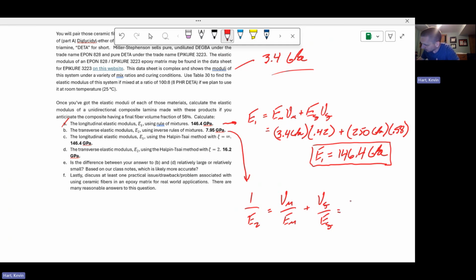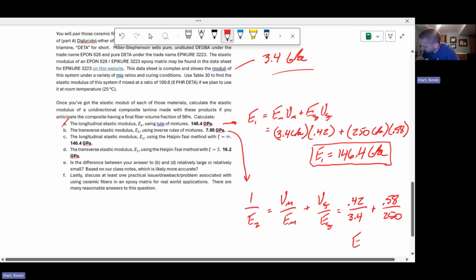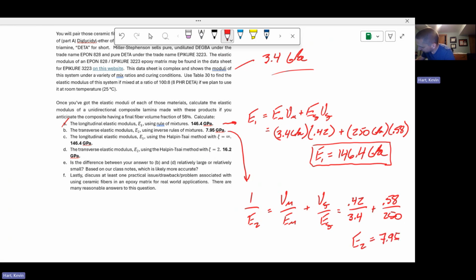So again, you can plug these in. Volume fraction of the matrix, 0.42. Elastic modulus of the matrix is 3.4 GPa, plus VF is 0.58, and the elastic modulus of the fibers is 250 GPa. So plug this in, and you'll get E2 is going to be 7.95 GPa.